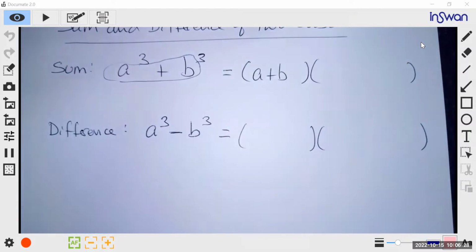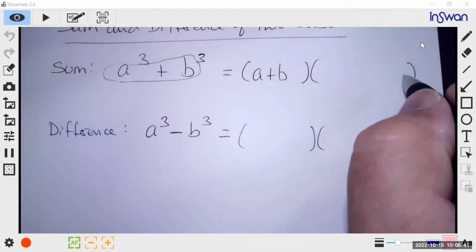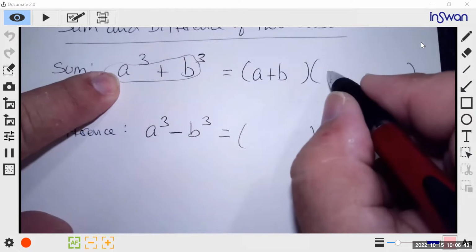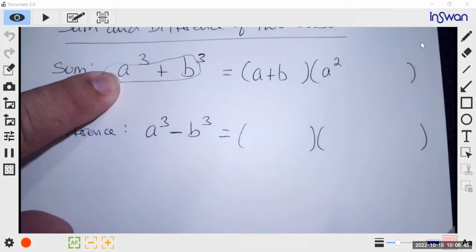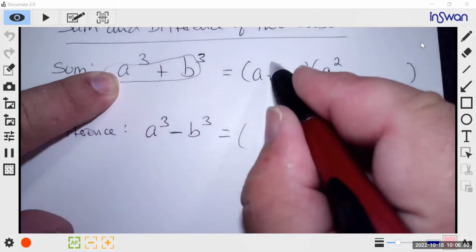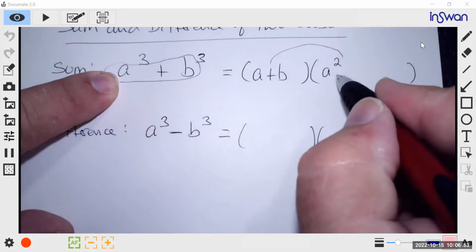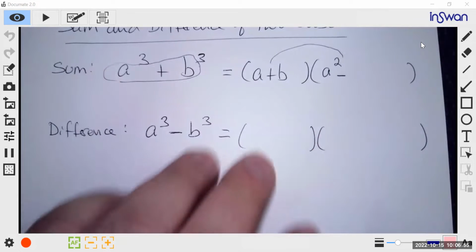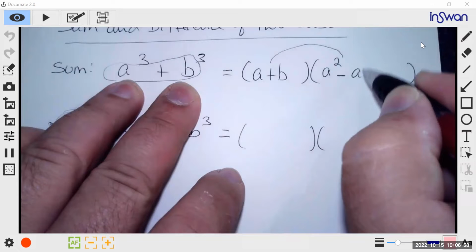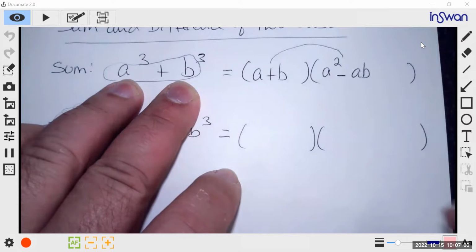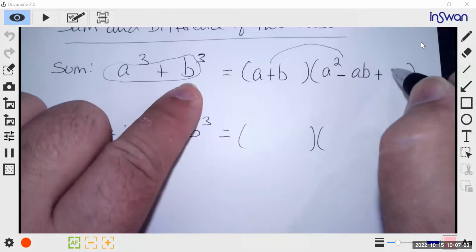A plus B. Inside the second one, it's the first number squared, the opposite sign, the multiplication of the two terms, A and B, plus the last one squared.